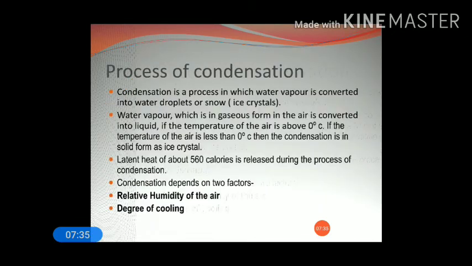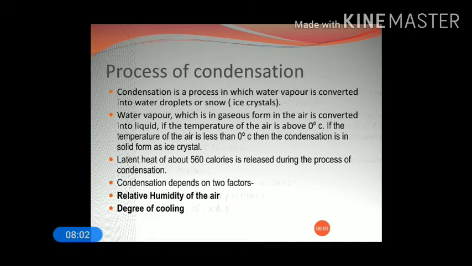Okay, coming to next, process of condensation. Now condensation is a process in which water vapor is converted into water droplets or snow, or it may be in ice crystal form. So water vapor, which is in a gaseous form in the air, is converted into liquid if the temperature of the air is above 0 degrees Celsius. This is important to note.